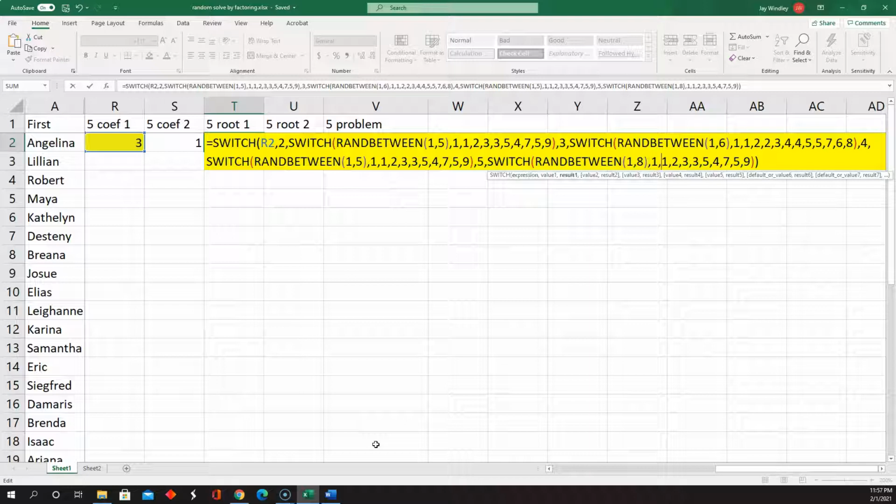So the first choice will be a 1, the second choice will be a 2, the third choice will be a 3, the fourth choice will be a 4, the fifth choice will be a 6 because we're skipping 5, and then the sixth choice will be a 7, and then the seventh choice will be an 8, and the eighth choice will be a 9.